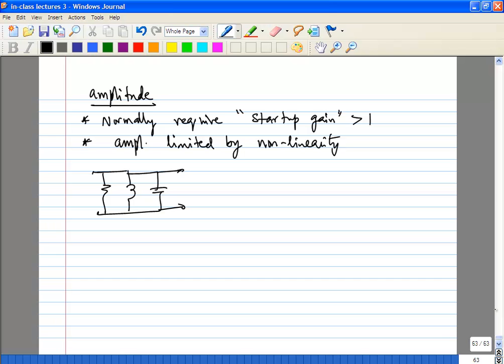Let's study this one port view a little bit further. So let's say the voltage across this RLC network is V of t. Let's also assume there is some initial voltage across the capacitor, which is V naught.